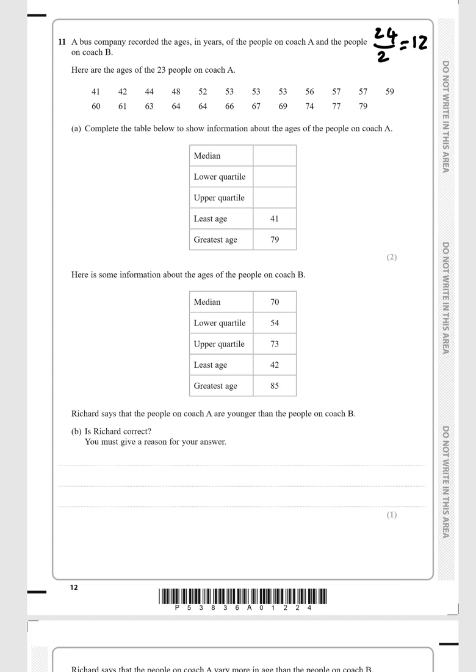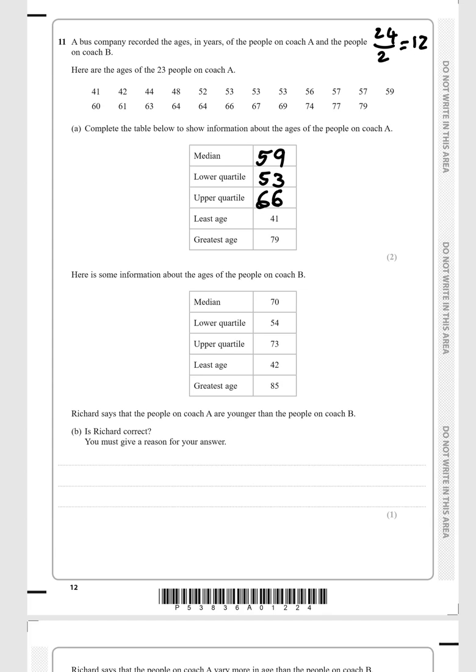Well, yeah, it's fairly obvious that's the 12th. Sorry, 59th. 59. Now we need to work out the lower quartile. Well, the lower quartile is going to be a quarter of 24. So the sixth person, 1, 2, 3, 4, 5, 6. Then I'm going to count in from the other end, 1, 2, 3, 4, 5, 6. Of course, these are in order anyway, so that saved us doing that.